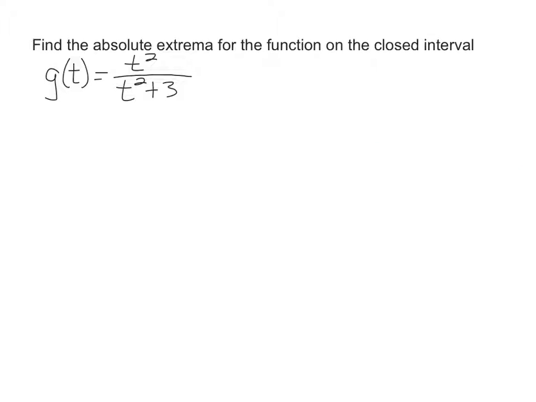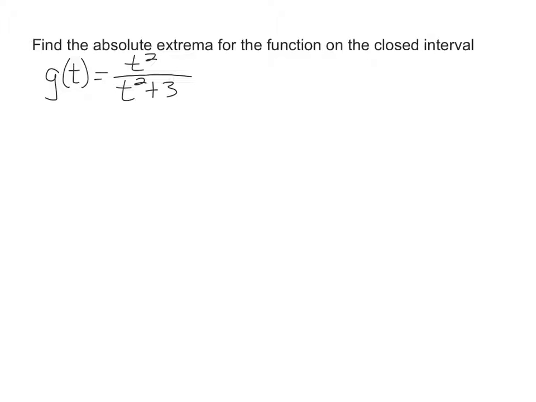For this next example, we are being asked to do exactly the same thing. Find the absolute extrema for the function on the closed interval. This derivative will need to use the quotient rule.